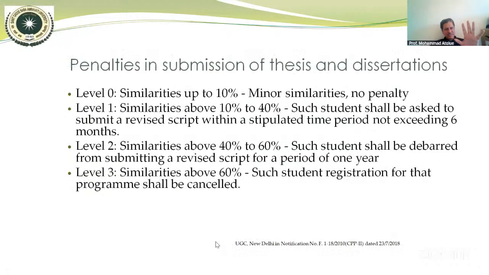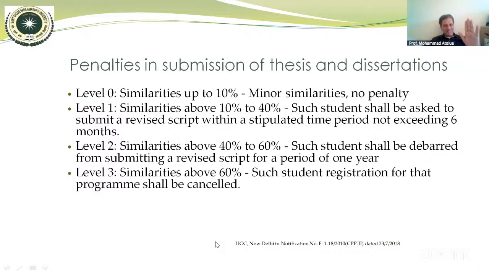As a researcher or as a teacher, we have to go through these aspects a little more seriously. Many times we are publishing just to get increments or promotion and so on. But UGC talks about the penalties when it comes to submission of thesis and dissertation, levels 0, 1, 2, and 3.